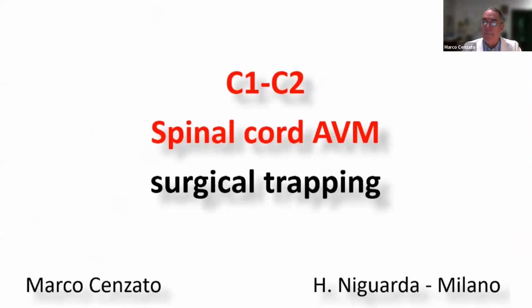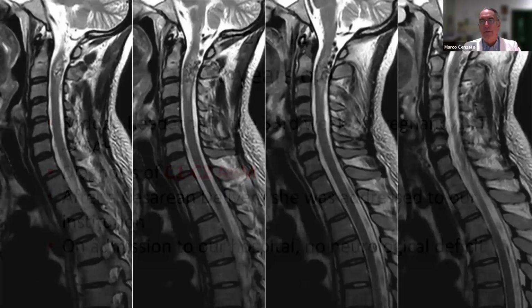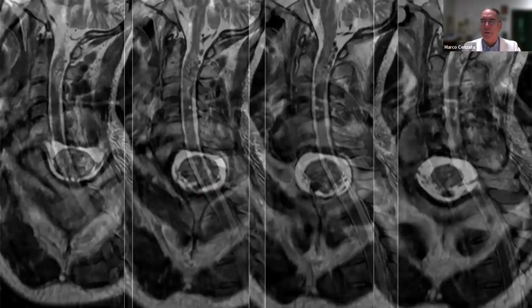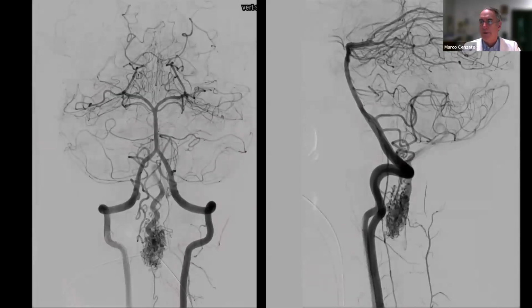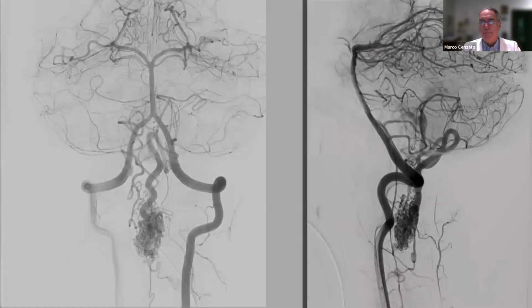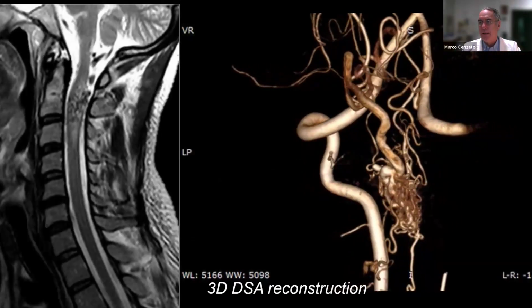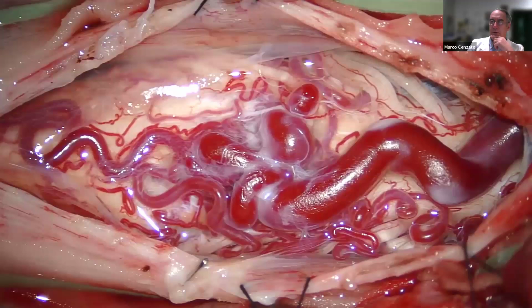Another way is, this is another case. This was really embedded within the spinal cord with AVM, and as you see here, the AVM was right in the spinal cord and was not on the surface. This was the AVM. There were some vessels that can go from the surface, and there was a big vein going out, and this was the AVM.